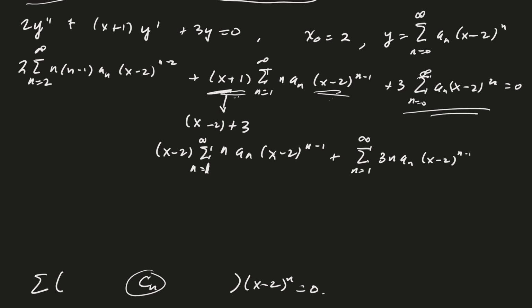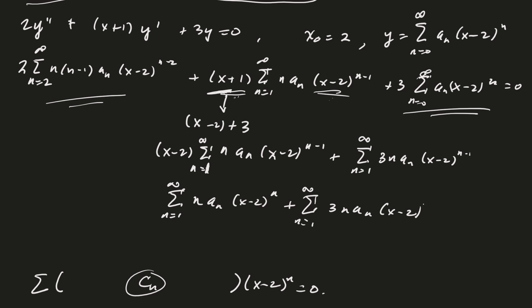Okay, and then this one's still there, and this one is still there. Okay, and now notice that this one becomes n a sub n, x minus 2 to the n, and then this one I'll just go ahead and bring it down to 3n a sub n, x minus 2 to the n minus 1.